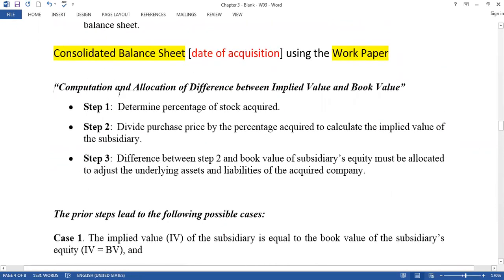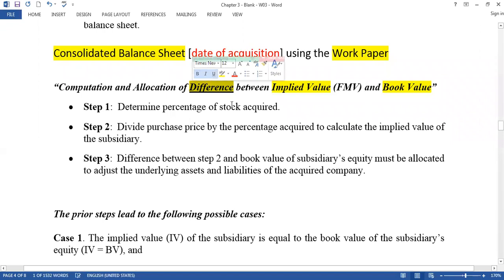To do so, we have to go through several steps. First, we have to calculate the difference between implied value and the book value. So this is the working you should do. What is the meaning of implied value? You know that implied value means fair market value. So we compare fair market value and the book value, and we see whether there is any difference or not.